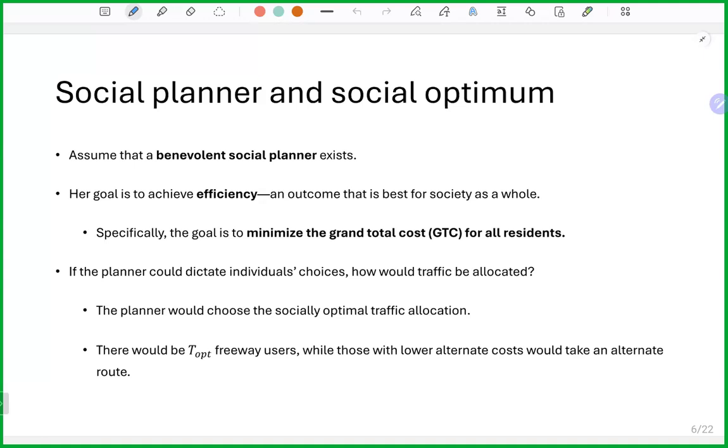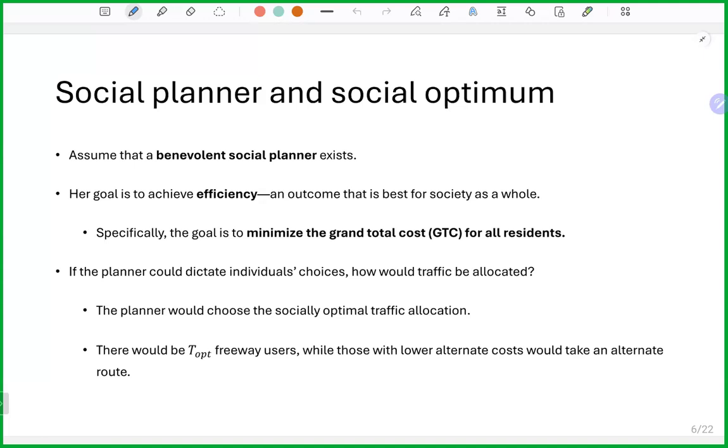Perhaps Kim Jong-un, the North Korean leader, will pick this point, because he knows that this is socially optimal. You might ask, is it really true that Kim Jong-un would choose this point? We don't know, so this is hypothetical.